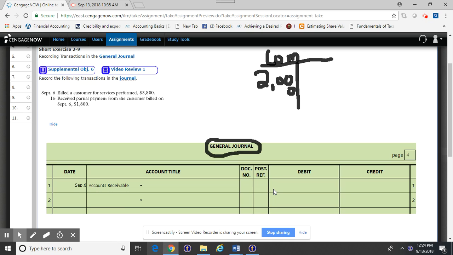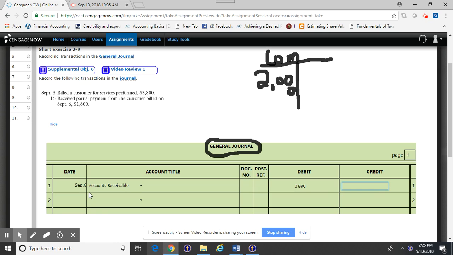Because we performed the service, we billed the customer. Okay, accounts receivable, what is it? It's an asset. In this case, our accounts receivable increased because we now have $3,800 worth of accounts receivable that we did not have beforehand. What happens when you increase an accounts receivable? We debit it. We debit it for $3,800. Okay? And what else occurred?